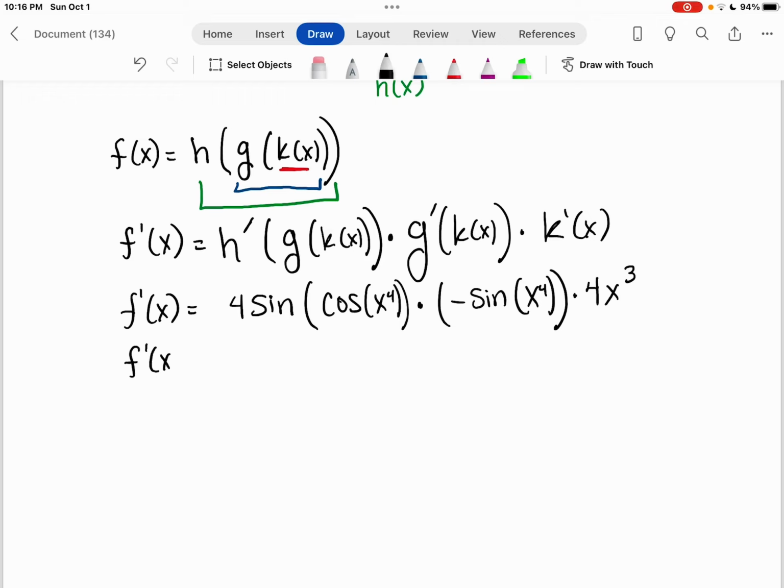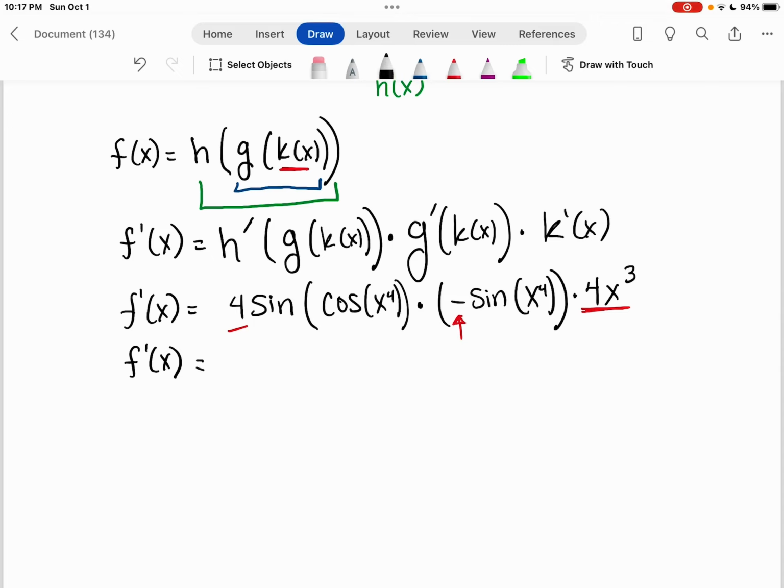Now, when we simplify this, I'm going to take this negative, because this is all multiplication, I can change the order. But the negative is going to go out front to clean it up a little bit, and then I'm going to take this and multiply together.